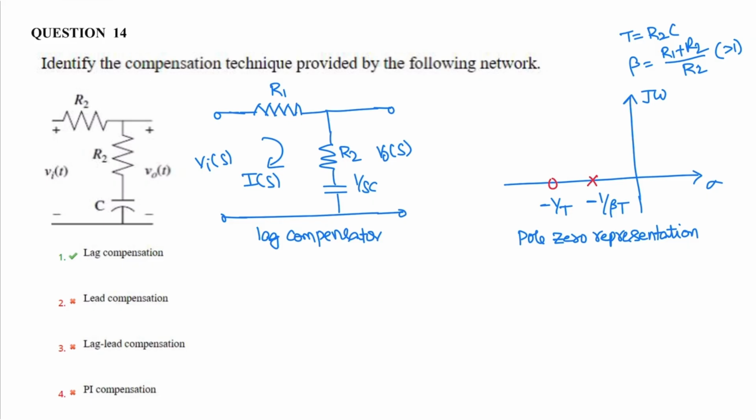For a lag compensator, the pole is dominant over the zero. The advantage of this lag compensator is that it improves the steady state response of a system.